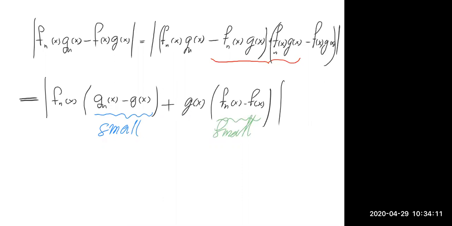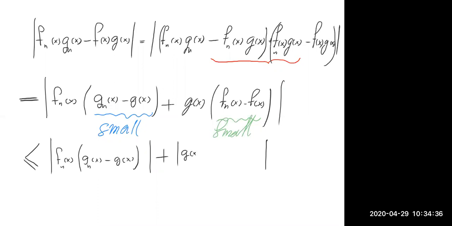What I have here, Fn(x) times (Gn minus G) plus G times (Fn minus F), is less or equal than the absolute value of the first part plus the absolute value of the second part, which is |Fn times (Gn minus G)| plus |G times (Fn minus F)|. The absolute value of a product is the product of absolute values.